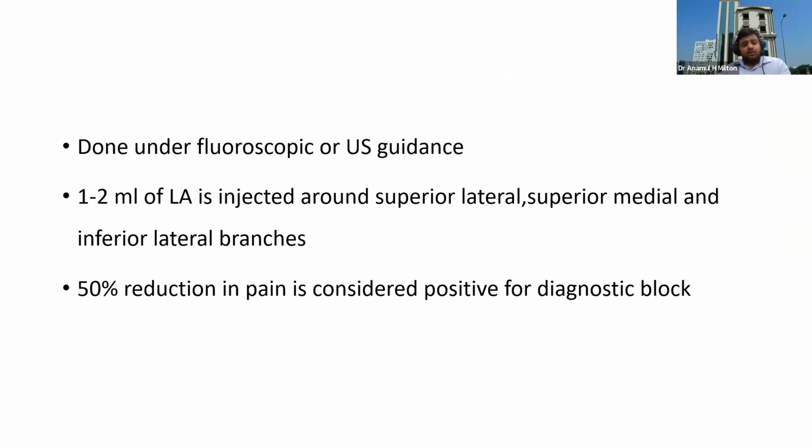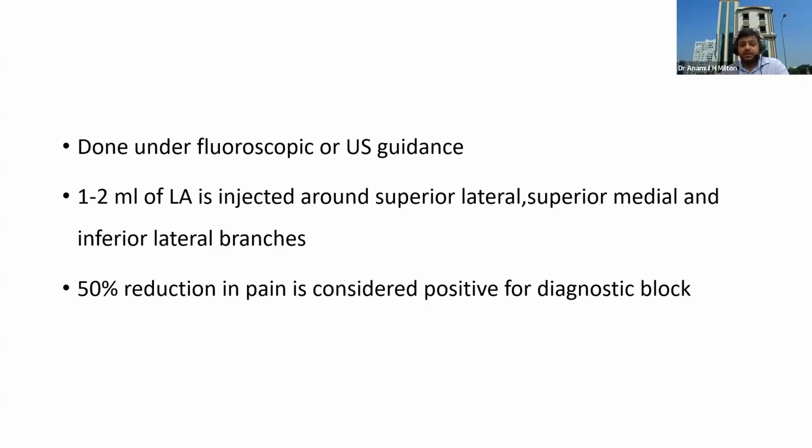Okay, so when do we plan for radiofrequency? When conventional treatments like oral medication and PRP have failed, and the patient cannot do surgery, then you can plan for genicular nerve block in the superior medial, superior lateral, and inferior medial.